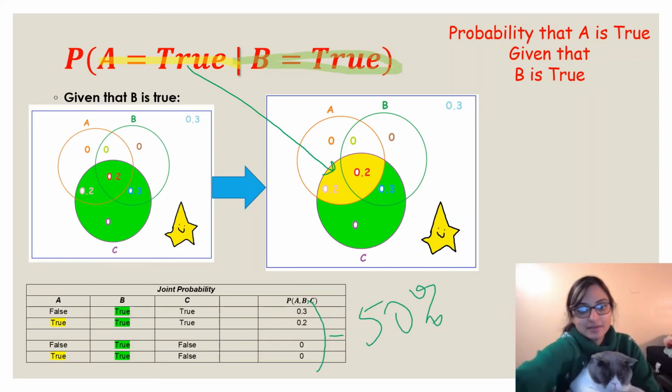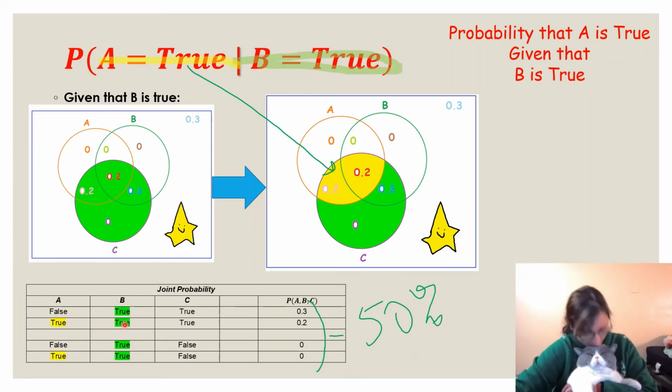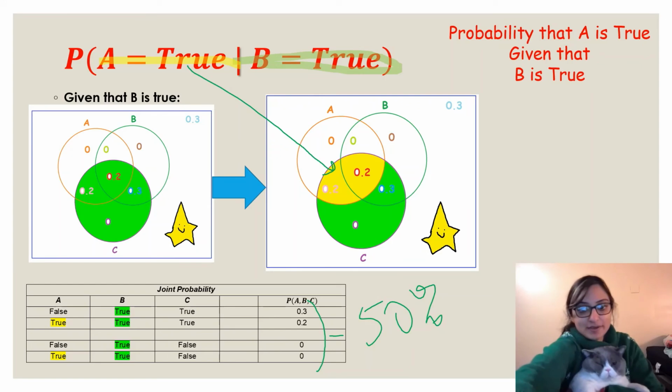Then the probability that A is also true, regardless of what the outcome is for C. So A can be true and B can be true and C can be true as well, or A can be true, B can be true, and C can be false. So when we look at the cases where A is true, it's just going to be this 20% here plus this 20% as well, which is going to be 40%.